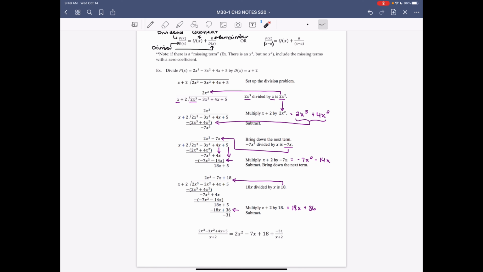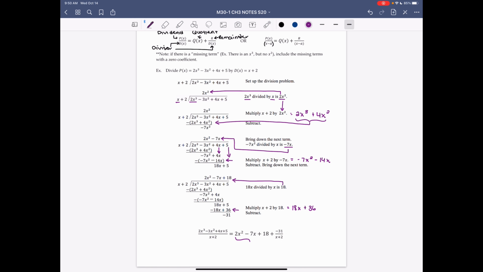Then our solution, 2x to the power of 3 minus 3x squared plus 4x plus 5 divided by x plus 2 gives us the quotient, 2x squared minus 7x plus 18, plus the remainder of negative 31 divided by our divisor of x plus 2.